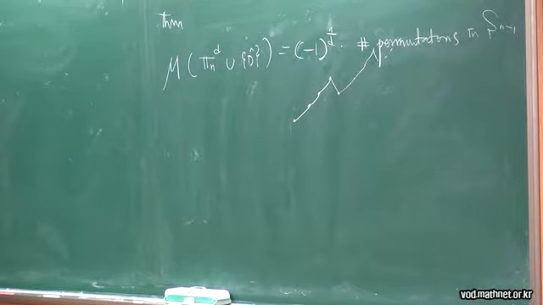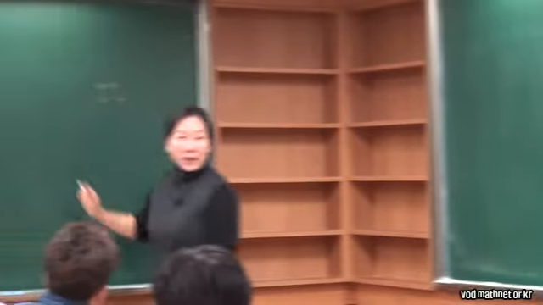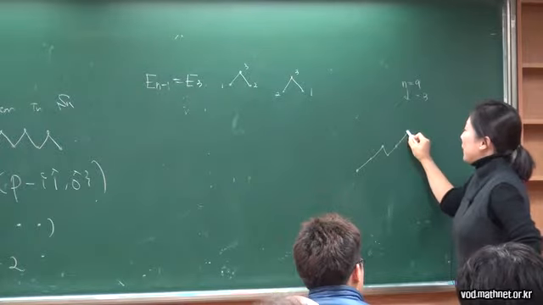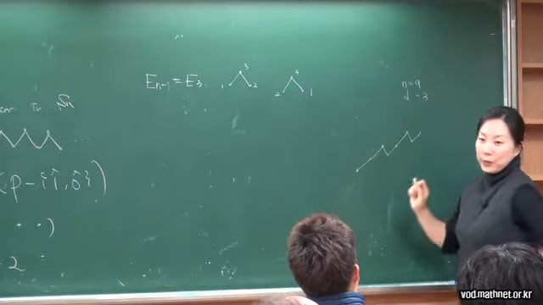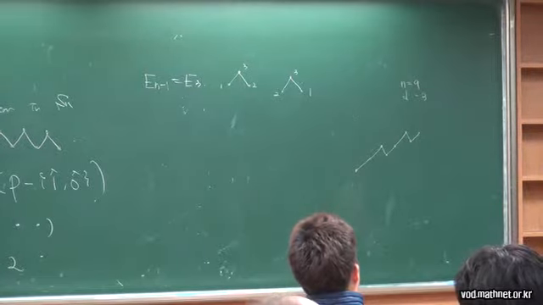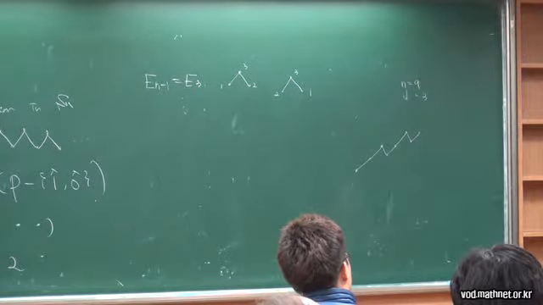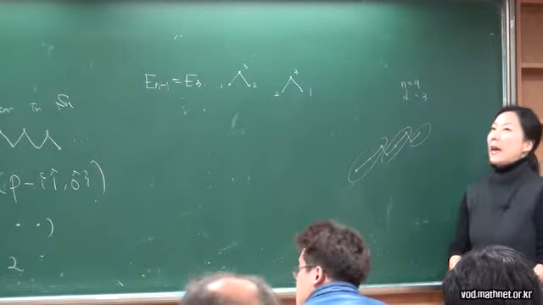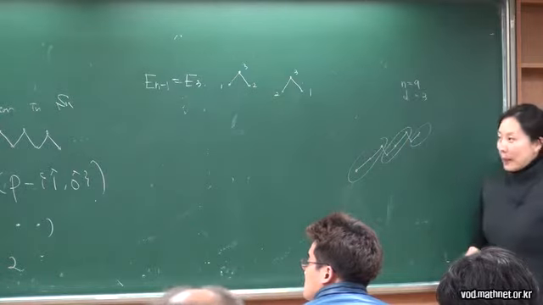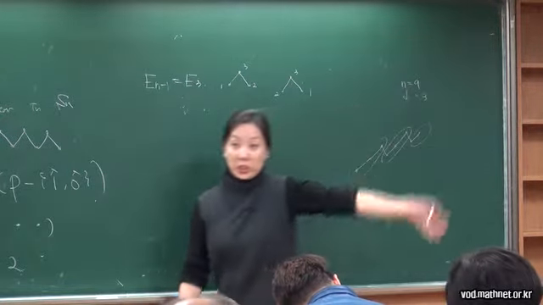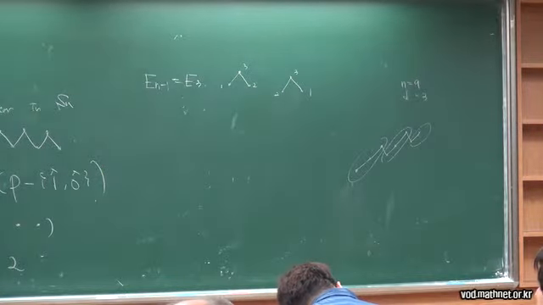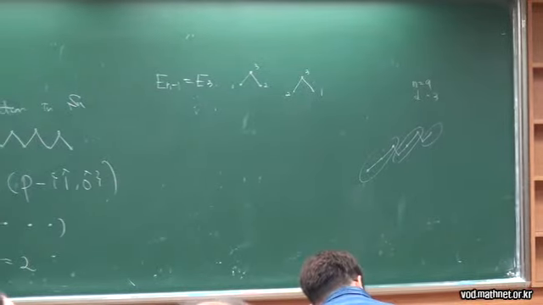In the case of n is 9 and d is 3, this pattern means 1, 2, 3 down, 1, 2, 3 down, and 1, 2. Okay, I will not use the whole 9 because here we have n minus 1, so we have 8 points. And we want to count the permutations which have these patterns, by using the Möbius function. But it is not easy to count the number of permutations.